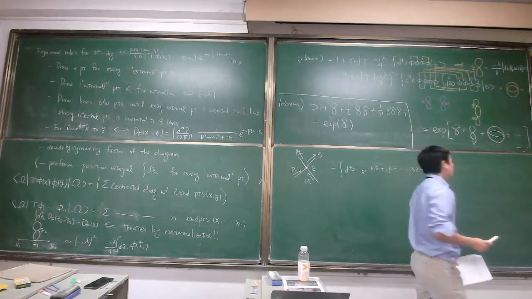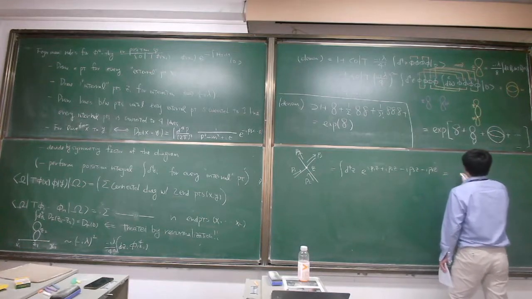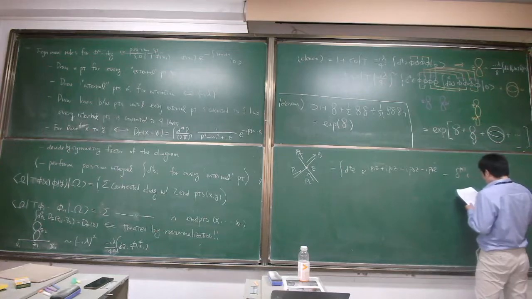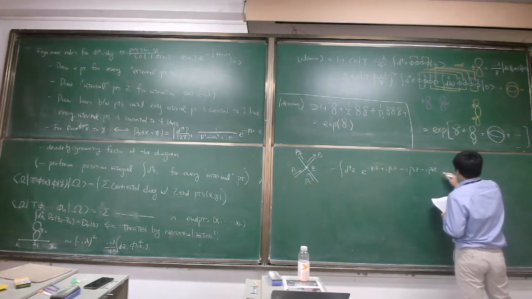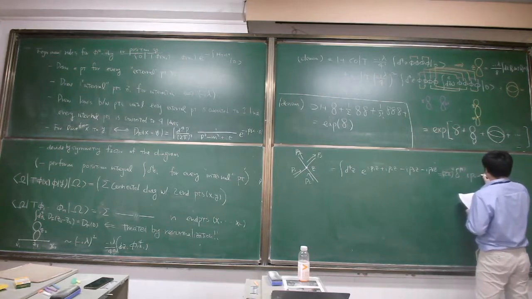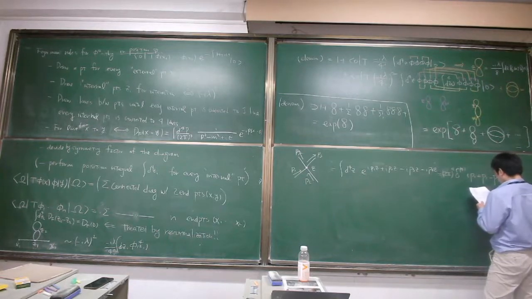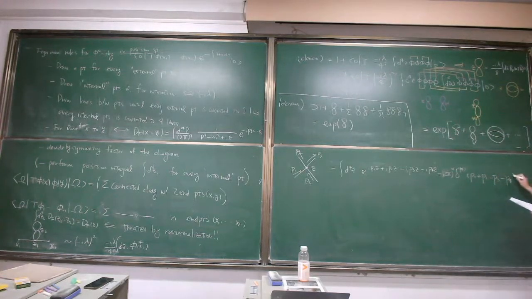The sign is determined this way, and that will give you the conservation of momentum at each vertex.